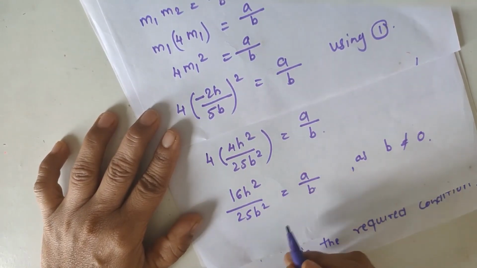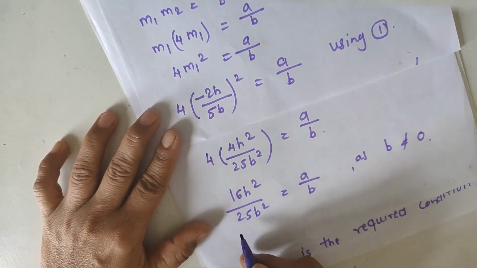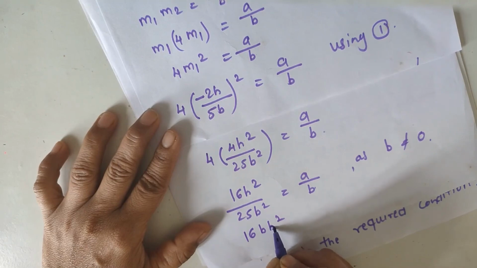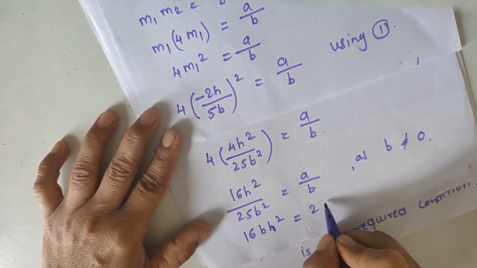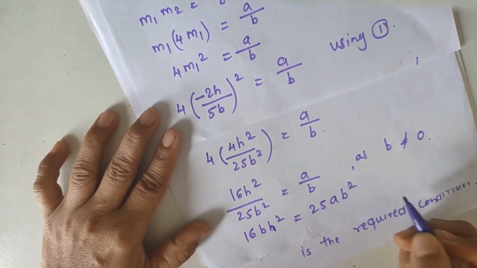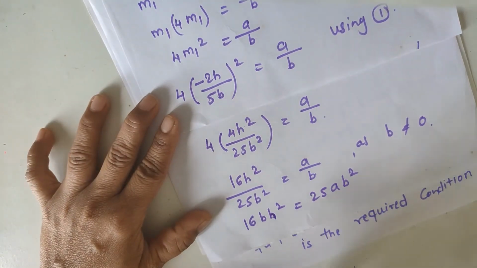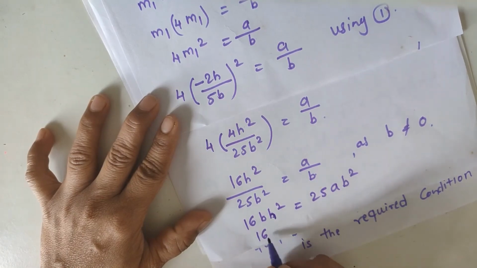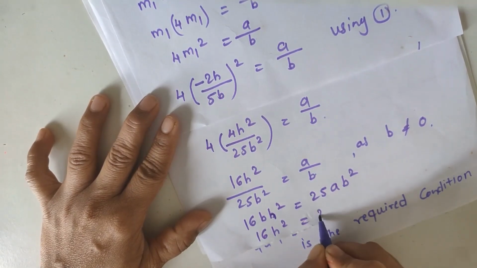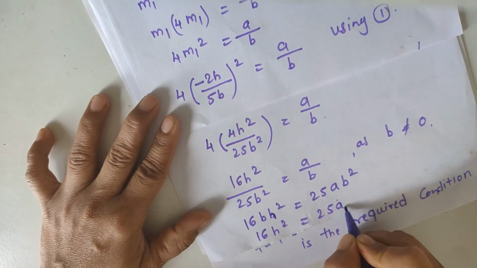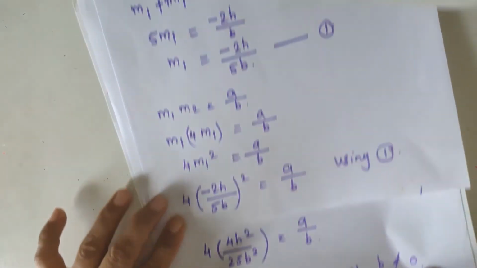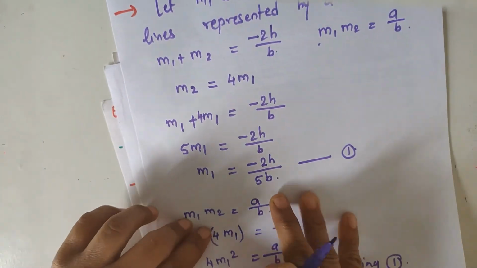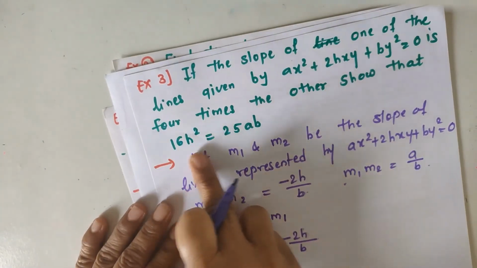So here by cross multiplying, 16bh square is equal to 25ab square. Here b and b square, one b will be cancelled, then we get 16h square is equal to 25ab, and this is the required expression.